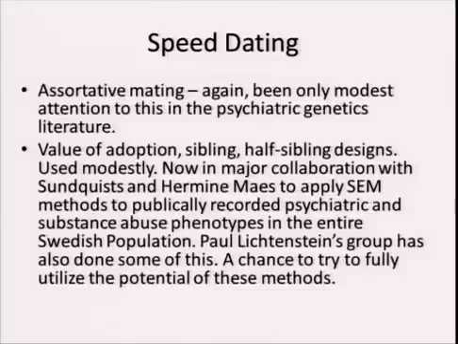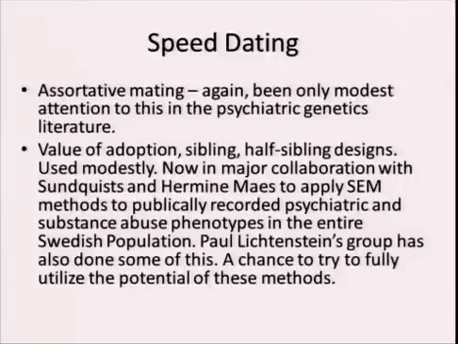Assortative mating, again, less of a focus. I think Hermine and some of us, perhaps partly empirically, when you look in the data that's available, you don't find assortment for psychiatric disorders much higher than about 0.3. And actually, most of the time, that level isn't enough to really wonk out many of the other correlations.